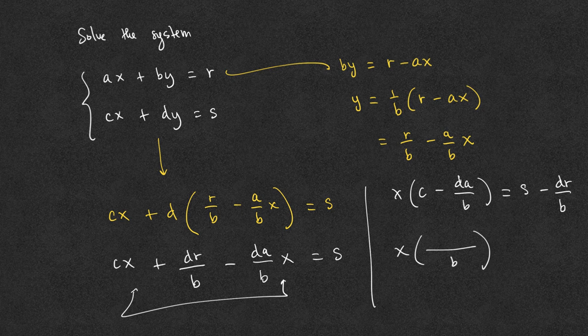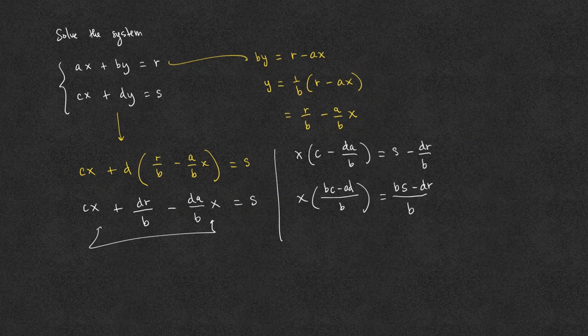This is b in the denominator, bc minus ad, equals b in the denominator, bs minus dr. And so, to isolate x, we have x equals bs minus dr over b times b over bc minus ad, because dividing by a fraction is the same as multiplying by its reciprocal.